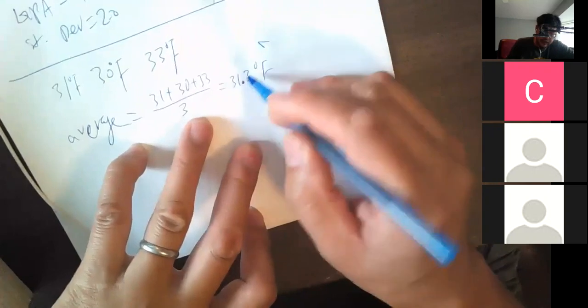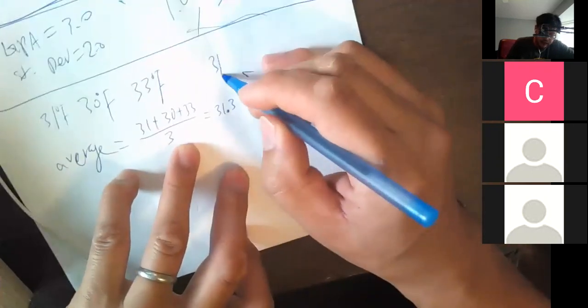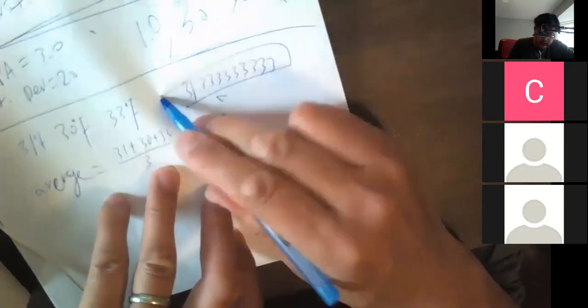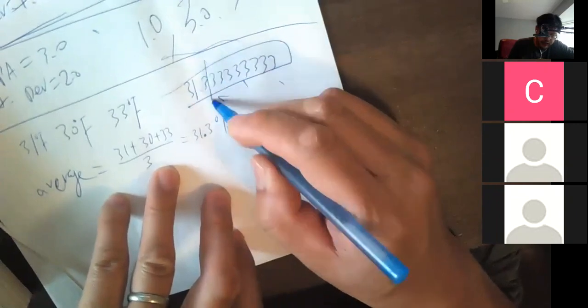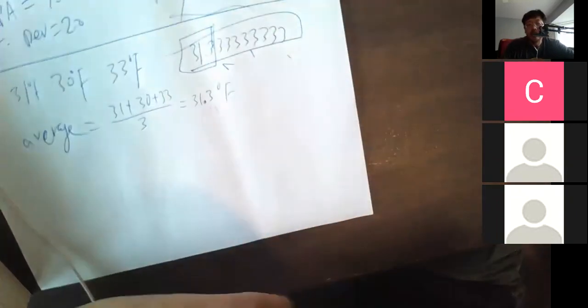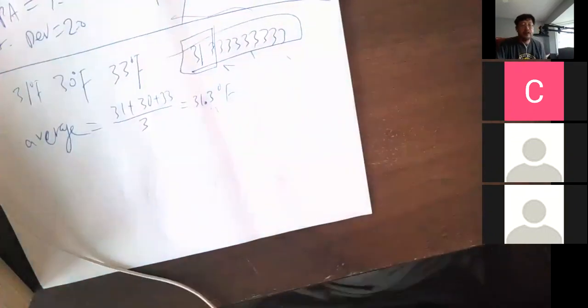The answer is actually 31.33333333, but we only keep 3 significant digits. So the average will be 31.3.